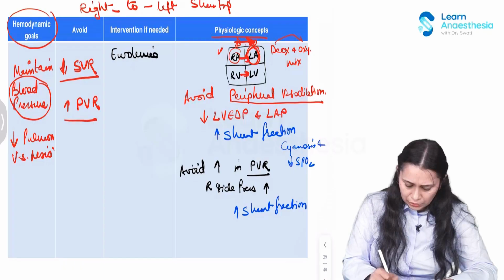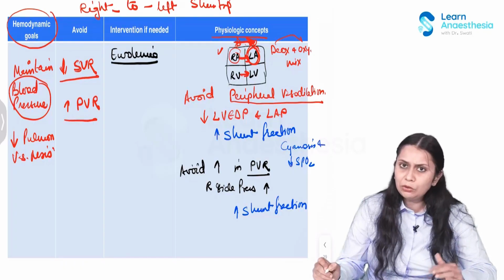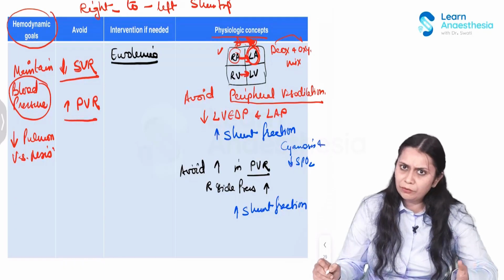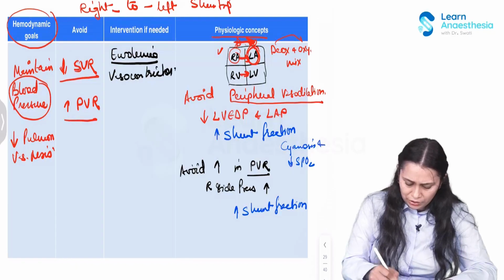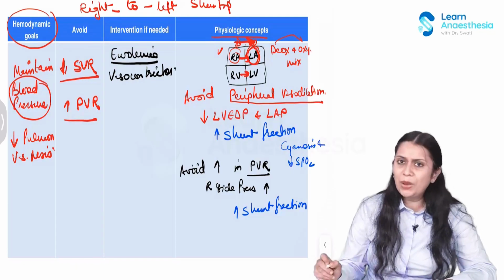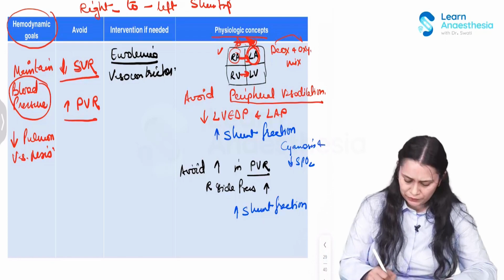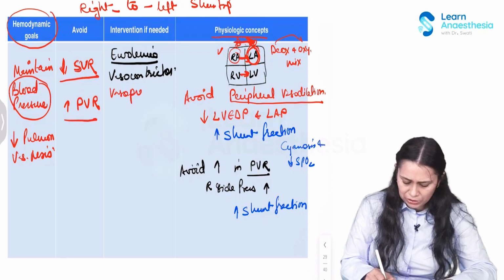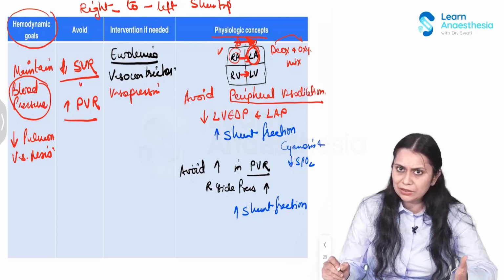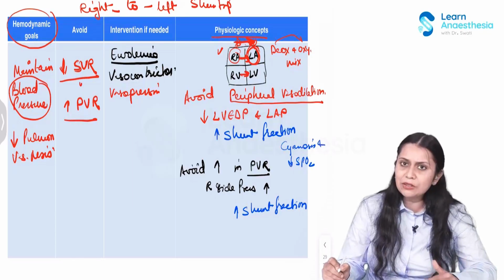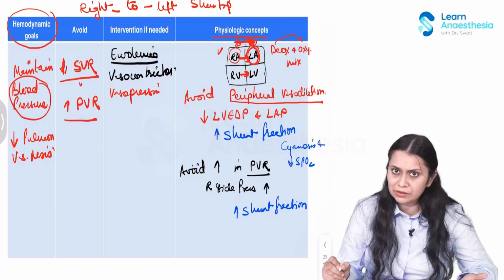Then we need to give a vasoconstrictor if vasodilatation is happening. Now here, what vasoconstrictor would be best? The best vasoconstrictor would be vasopressin. Why vasopressin? Because vasopressin increases systemic vascular resistance and it has no effect on pulmonary vascular resistance.